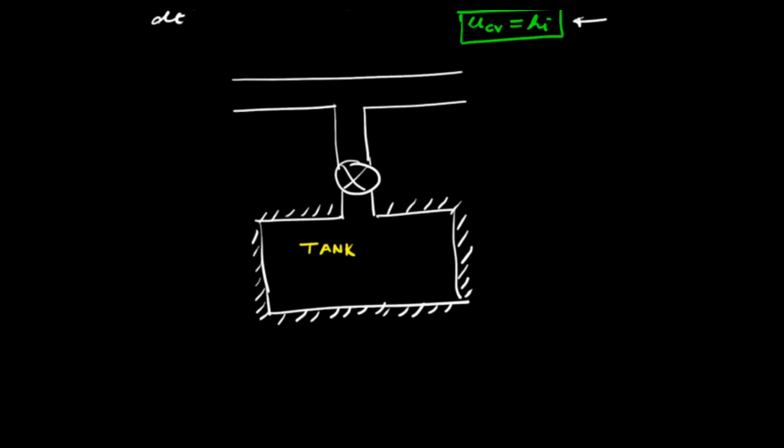Therefore, if we consider a control mass of the gas that eventually enters this tank, then at t equals 0, we can say that this control mass is somewhere over here, that is in the supply line.